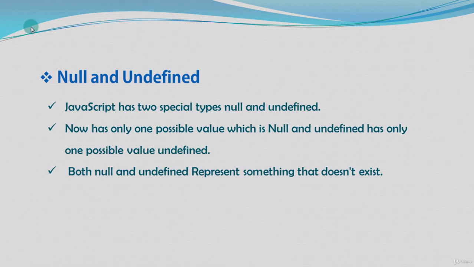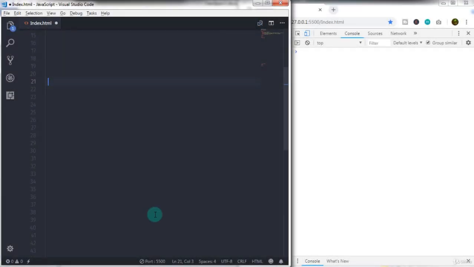So let's take an example. Now we'll first create let myValue and close this statement using a semicolon. If you print this statement, you will get undefined because it is the default value. Then we'll just edit the statement and specify let myValue is equal to null.